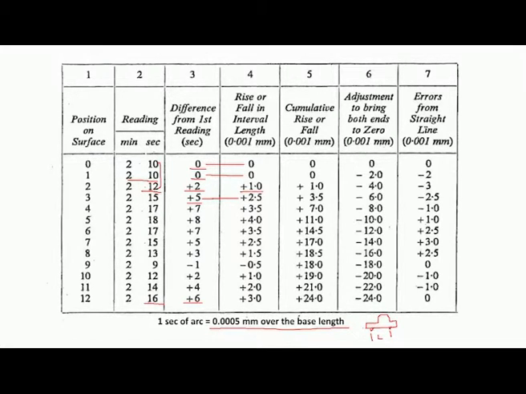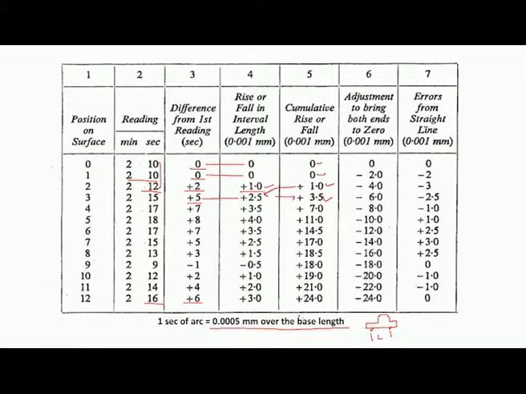Like this we have to find whether there is a rise or fall in the interval length, and then we have to add these values to get the cumulative rise or fall. All these values are in terms of micrometer. Here this is added to 0, again we get 0, and then this is added to the next reading, so we get 1. This value is added to 2.5, so we get 3.5. Like this we have to get the cumulative values.